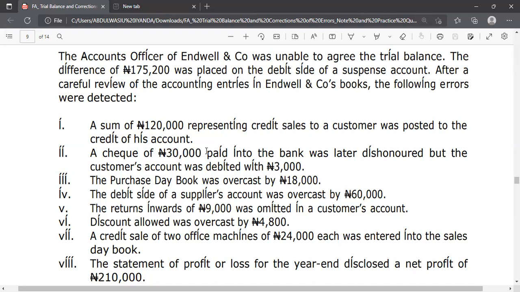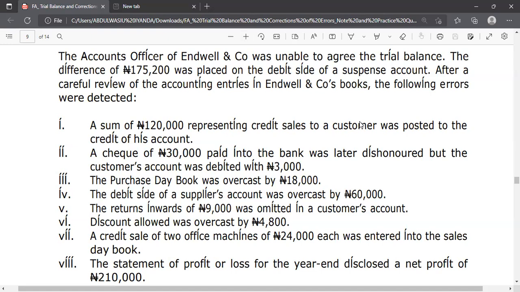Then the next one, Solian is also raising up his hand. Please go ahead. Okay, sir. Well, I said the purchase day book is an asset, like purchasing an inventory. Is it correct? If you are looking at it from inventory, the inventory is asset. But if you are looking at it from purchase, it is expenses.